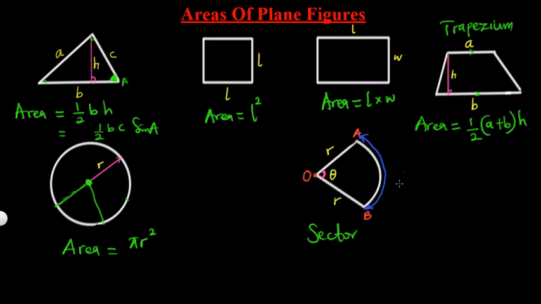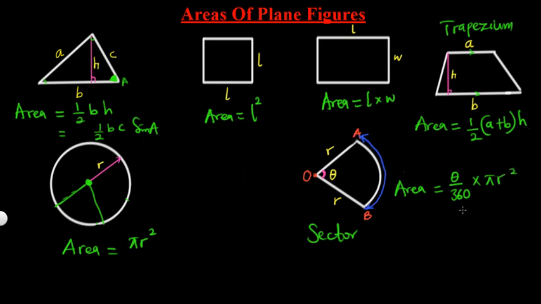So the area of a sector is equal to, because a sector is just a portion of a circle that spans a particular angle, that span of angle will be in ratio to 360, that is theta over 360. Since the area of this is just a portion of a circle, it is multiplied by the area of the circle, pi r squared.